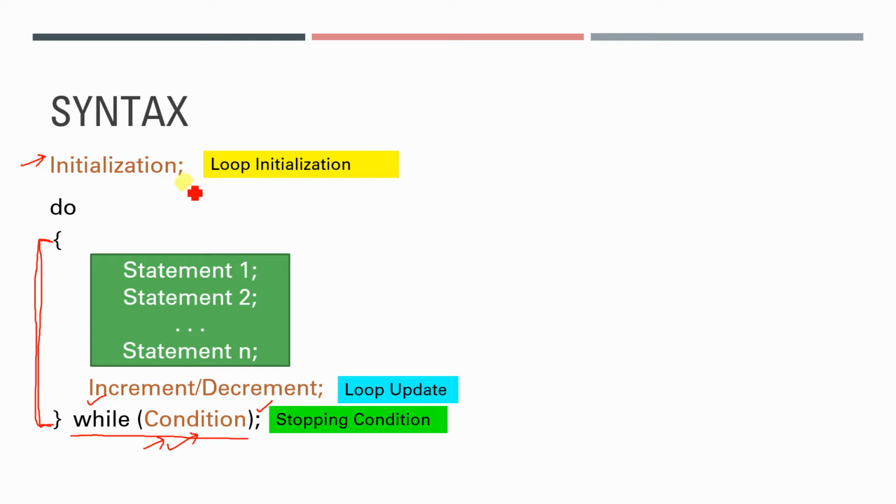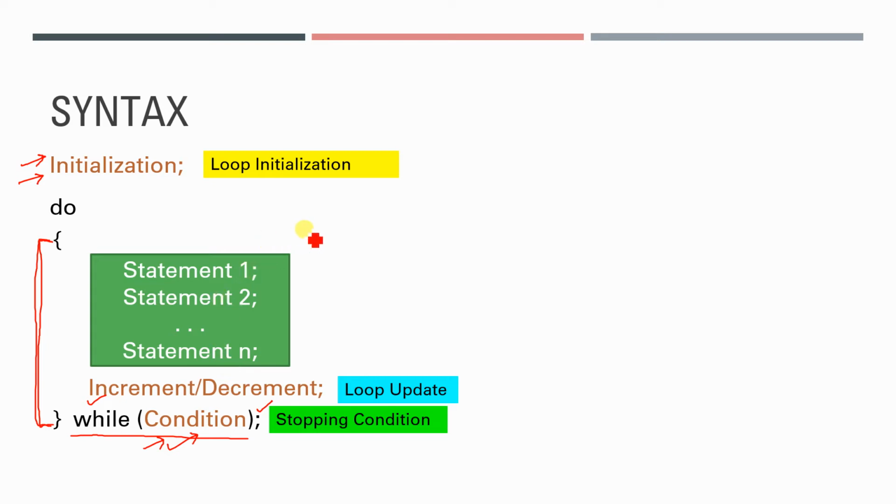Okay, let us understand the entire thing with the help of a flowchart. Remember, this initialization line will be executed only once, and the statements present inside the curly braces, even the increment and decrement statement also, everything will be executed until the condition becomes false.